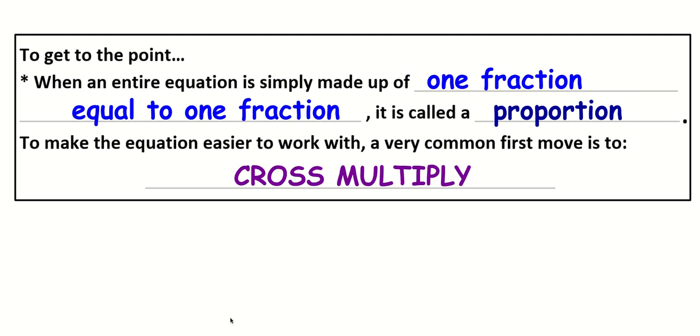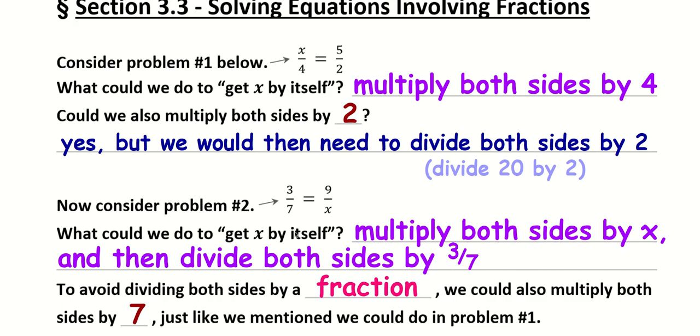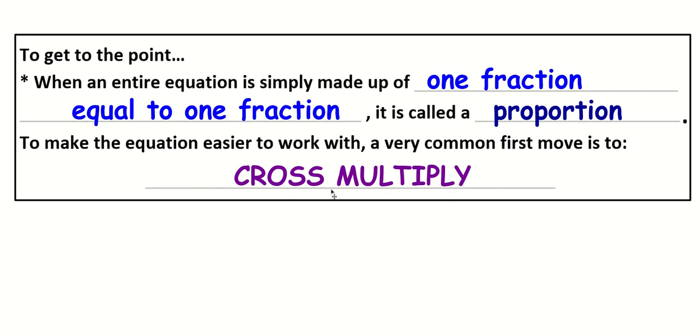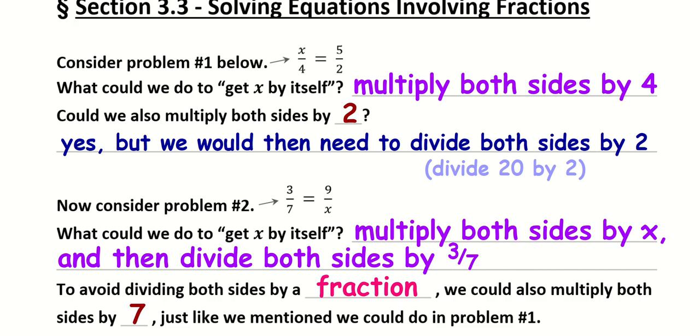So maybe you've heard about this before. If this drawn-out, step-by-step analysis confused you at all, what this was really about is what you might have already heard of, which is called cross multiplying. Like multiplying 2 to the x, but at the same time multiplying 4 to the 5.